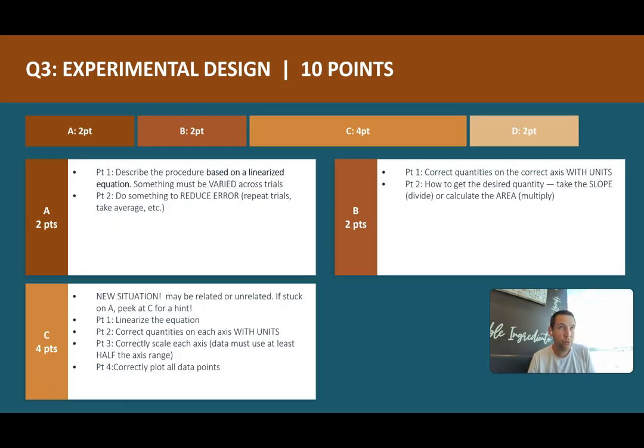You might also need to do something to that data before you plot it. So maybe you were looking at a pendulum and the period is given to you and the length of the string is given to you. Well, what you really need is period squared. So in those empty data boxes, you are going to square each period, and then you can write them down so that you can plot T squared on your axis.